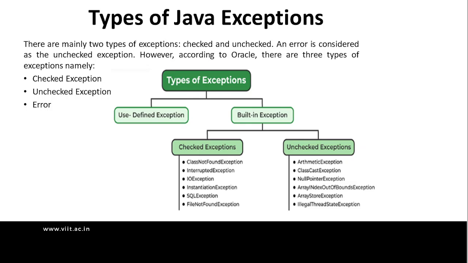However, according to Oracle, there are three types of exception: checked exception, unchecked exception, and error. Types of exception are user-defined exception and built-in exception. In built-in, there are checked exceptions and unchecked exceptions. For example, checked exceptions are ClassNotFoundException, InterruptedException, IOException, InstantiationException, SQLException, and FileNotFoundException. Unchecked exceptions are ArithmeticException, ClassCastException, NullPointerException, ArrayIndexOutOfBoundsException, ArrayStoreException, and IllegalThreadStateException.